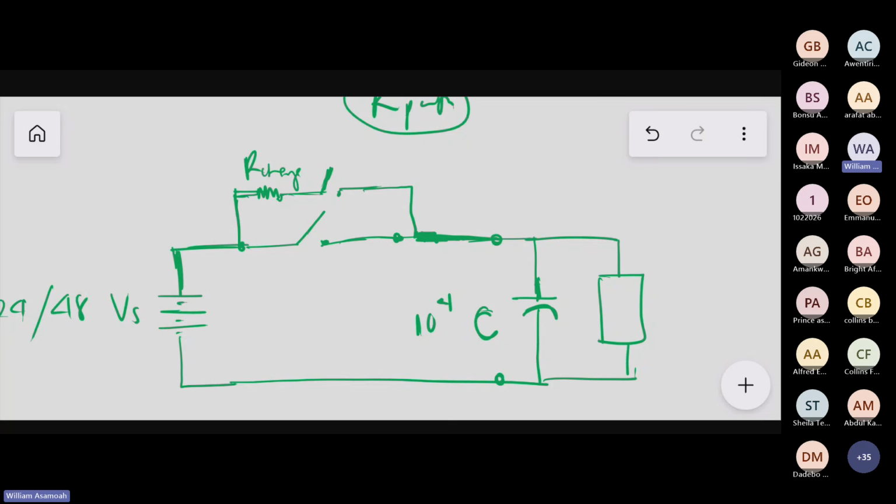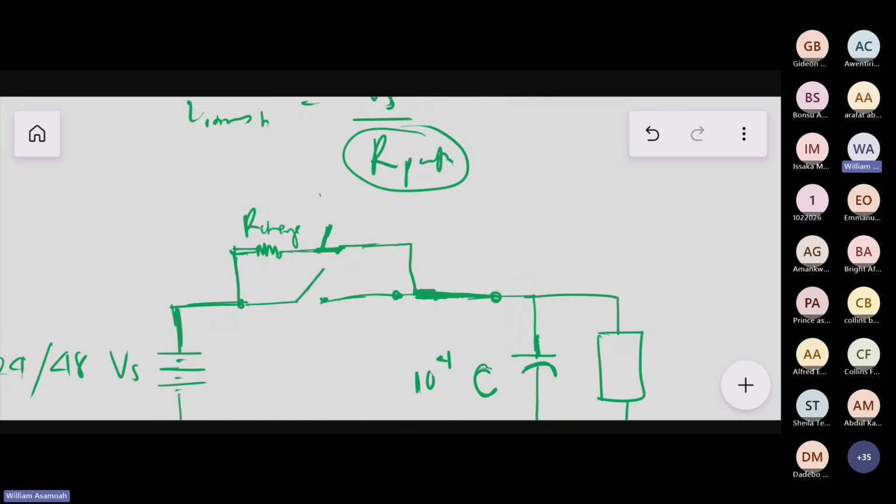So when we start the device, when we turn it on, it is this switch that we will close, the R charge. So we will close the switch. When we close this one, we open the other. Let me call this one K charge, KC.